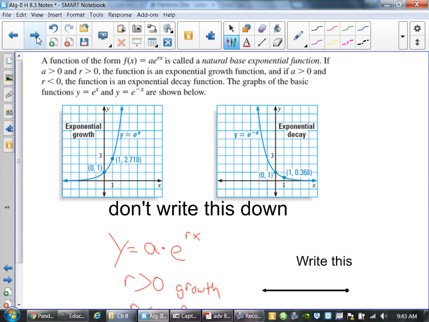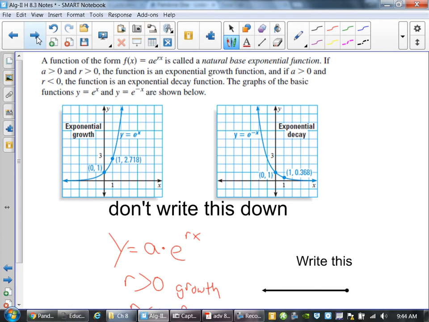Now, what happens here is that you get exponential growth when you have a base E, or you can have exponential decay if you have a base E as well. It depends upon the rate. Whether the rate is positive or negative tells you whether it's going to be growth or decay.